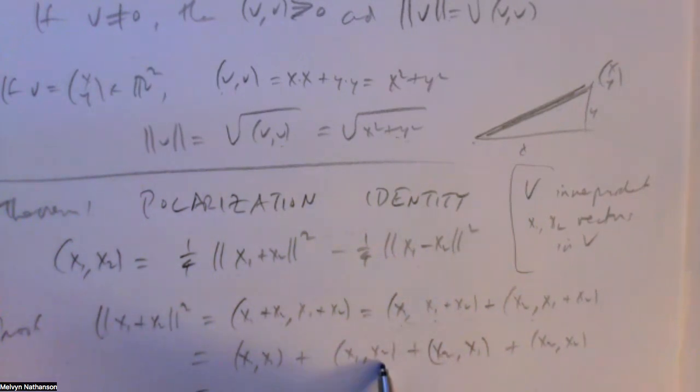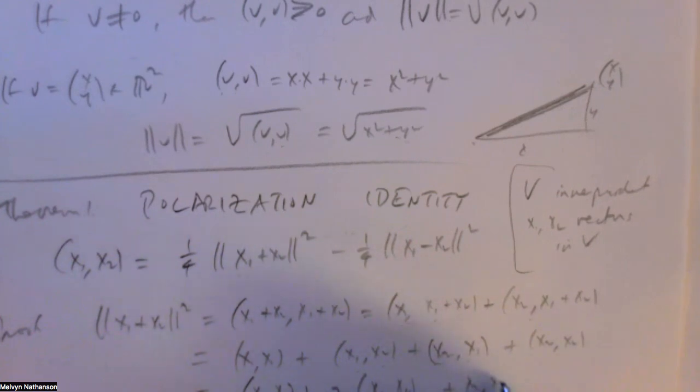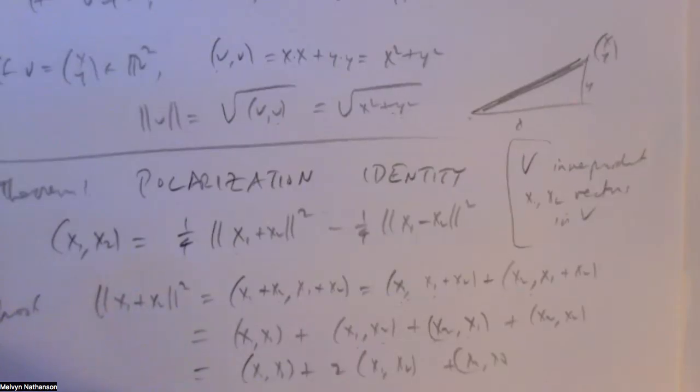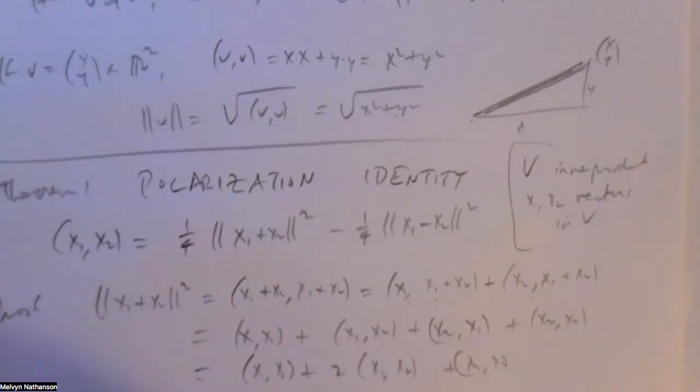And because ⟨x1, x2⟩ equals ⟨x2, x1⟩, this is ⟨x1, x1⟩ plus 2⟨x1, x2⟩ plus ⟨x2, x2⟩. And if I look at the norm of x1 minus x2 squared, this is the length of x1 plus minus x2.